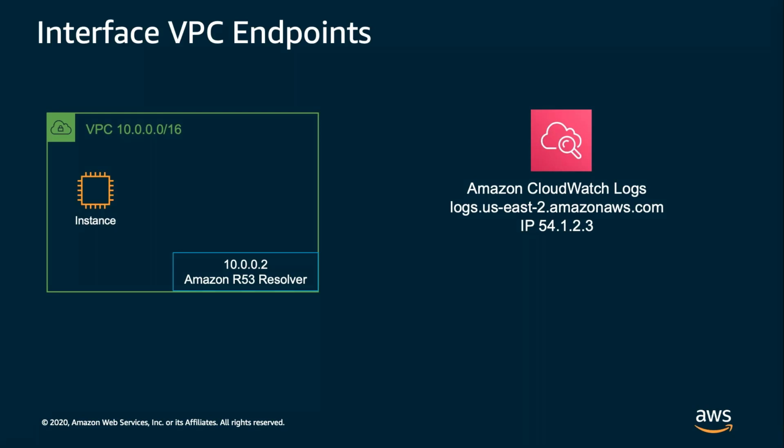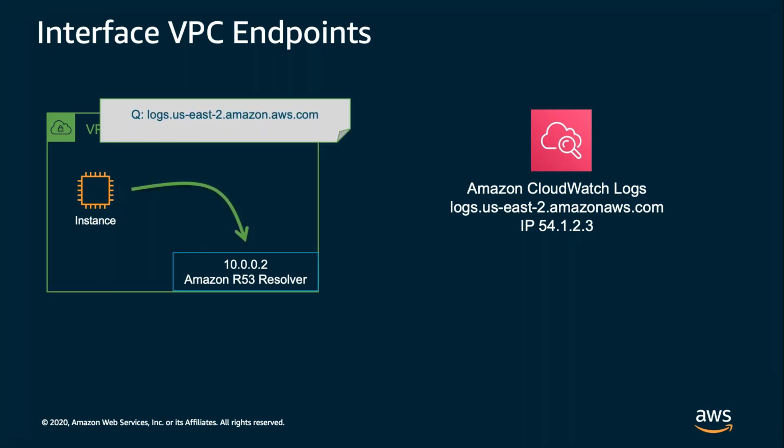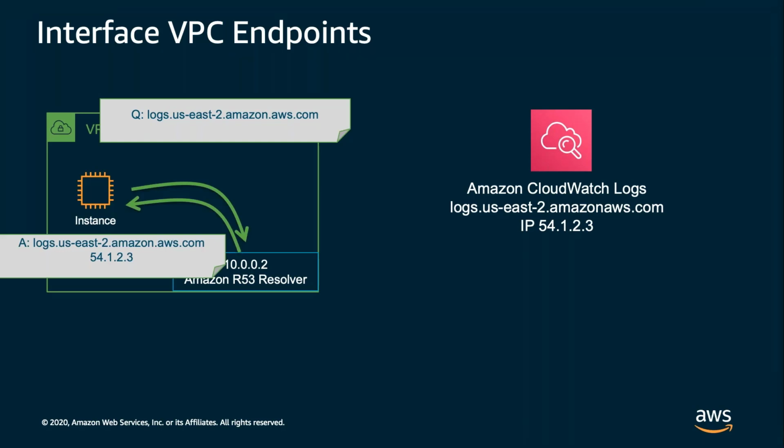Typically, when we provide AWS services, they have public IP addresses. You can see here on the right, we have Amazon CloudWatch Logs. For US East 2, we have an endpoint of logs.us-east-2.amazonaws.com. So when my instance queries that name, it returns the public IP address of that service.